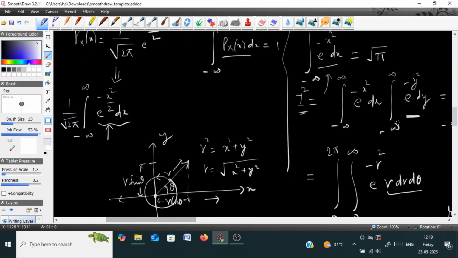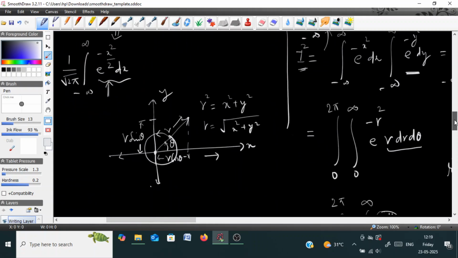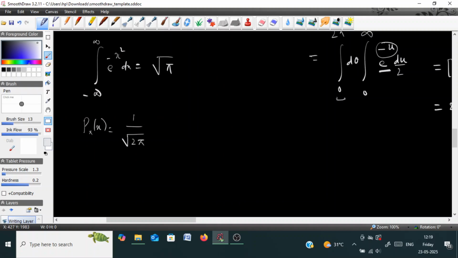Okay, so if it is under root of pi, so now you have the integral from minus infinity to plus infinity of e raised to power minus x square dx as square root of pi. But in the Gaussian random variable that we have defined, with 0 mean and constant variance I am taking, it is 1 by root 2 pi e raised to power minus x square by 2.